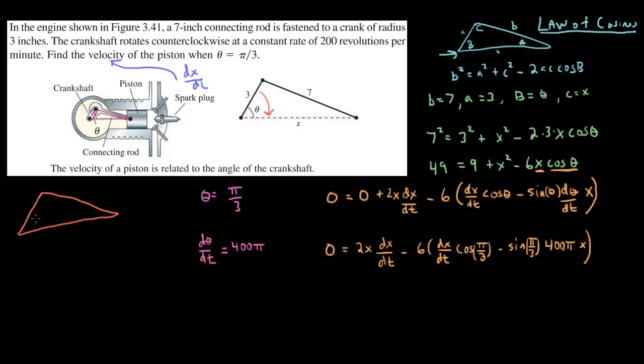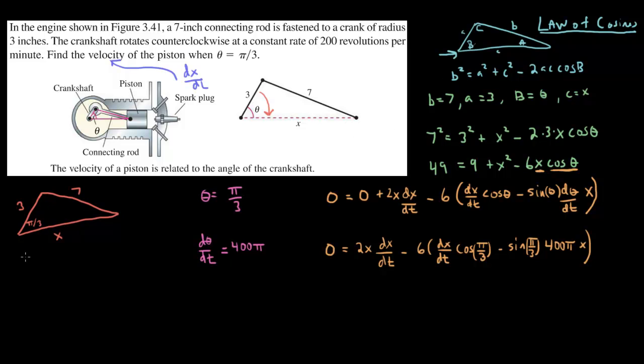So we're considering the specific case when there's pi over 3 in that angle, but everything else is the same. 3, 7. So what is x in this case? Well, let's just use the law of cosines all over again. So we go back over here.